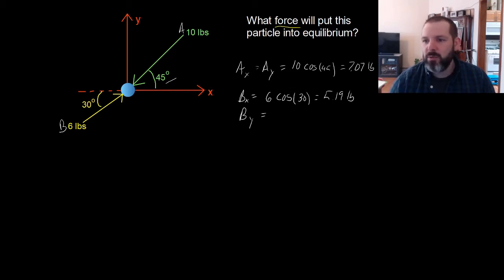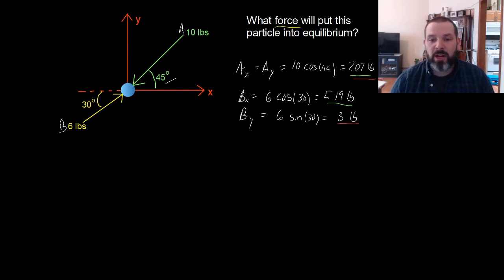BY is going to equal 6 sine of 30 degrees, which equals 3 pounds. So now we have two forces acting in the x direction and one force acting in the y direction. Or two forces acting in the y direction, sorry, because these are the same.